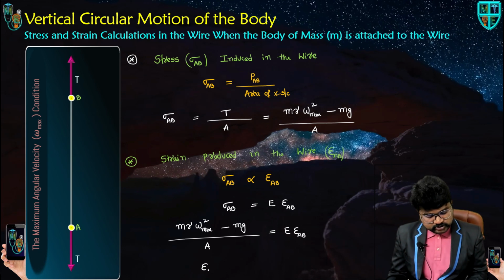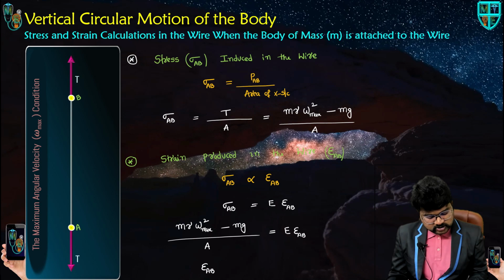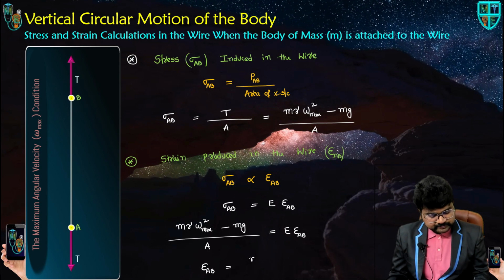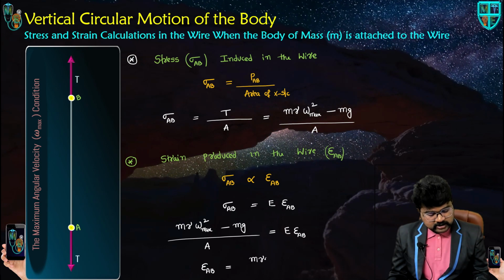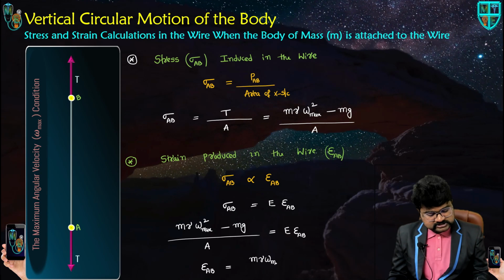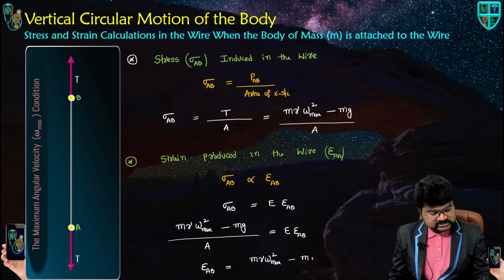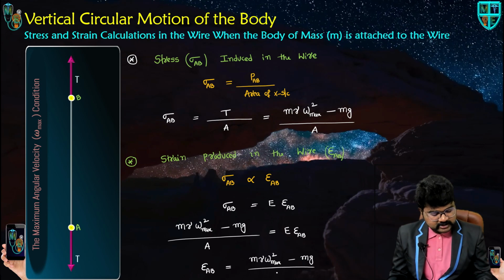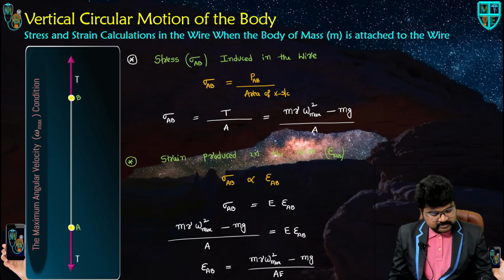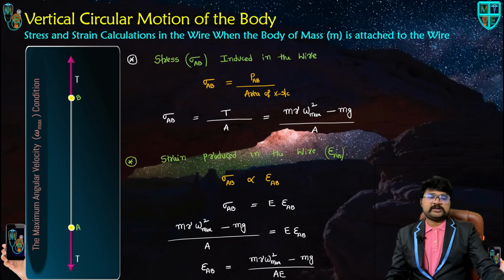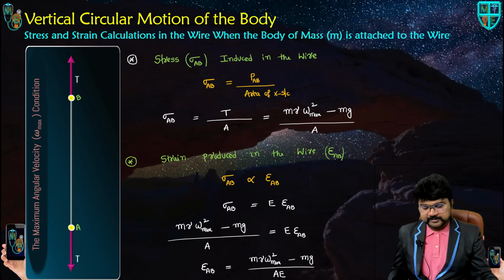Finally, strain produced in the wire, epsilon AB, equals (mr omega maximum squared minus mg) by AE, you will be getting. This is the strain produced in the wire.